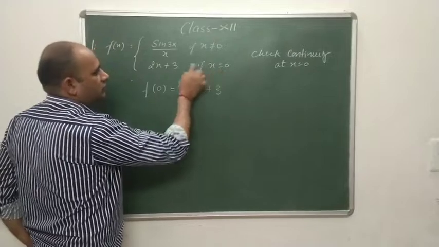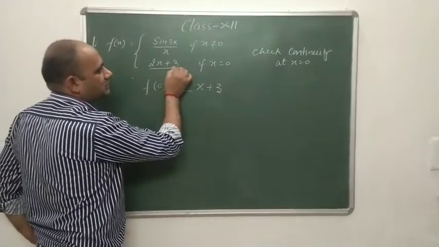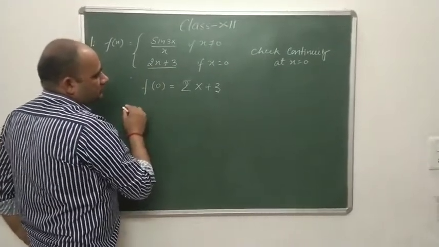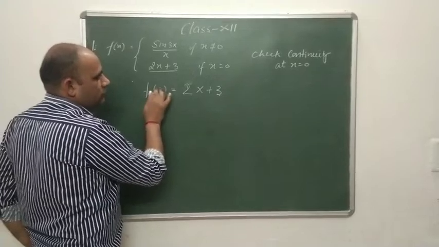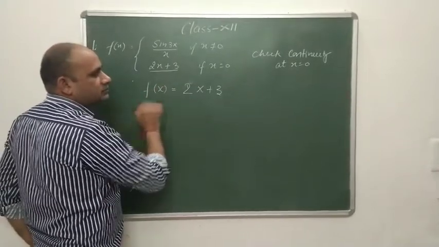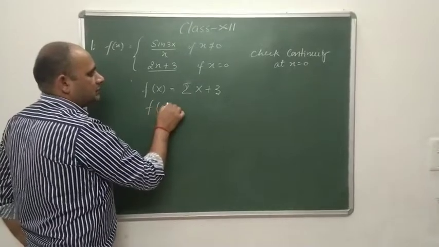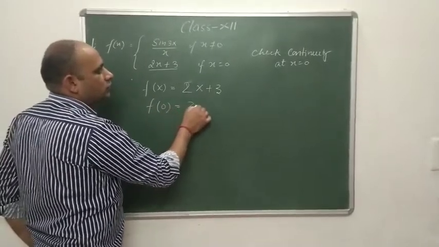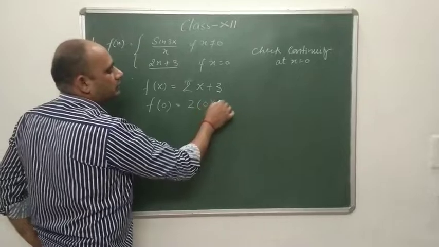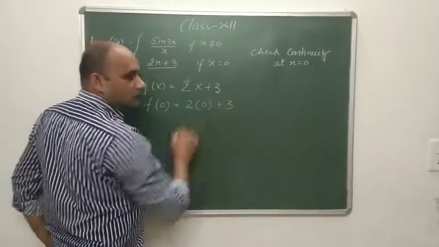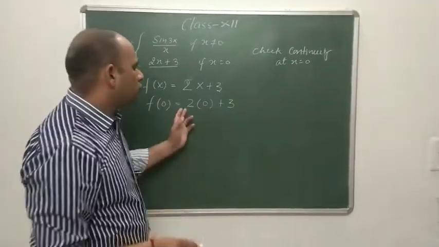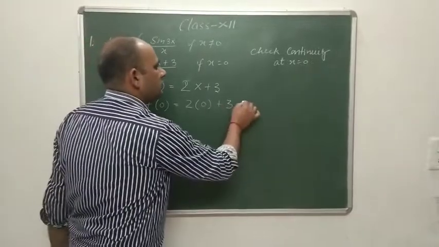At the place of x we put 0, then f(0) is 2 into 0 plus 3. So 2 into 0 is 0, plus 3 is 3.